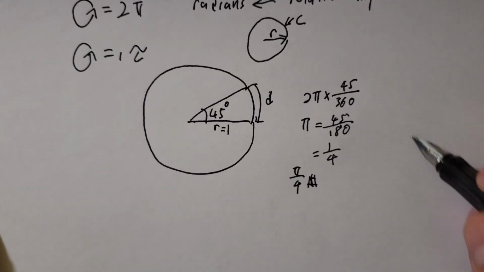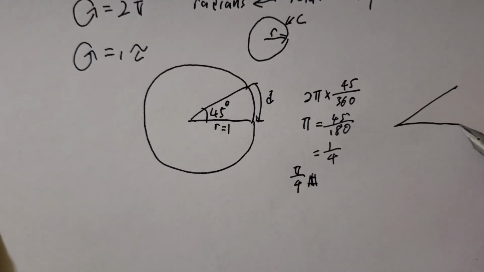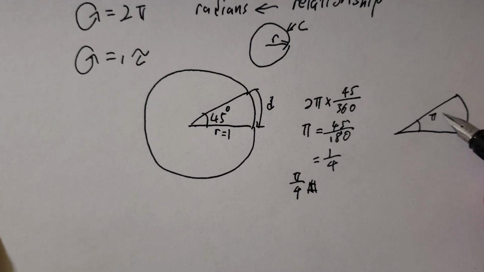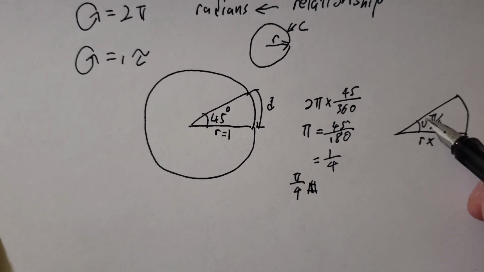But if we would have measured this in radians, well, you would know immediately that this angle is pi over 4. And no matter what radius it is, you can just multiply it by your angle. Let's say this is theta.